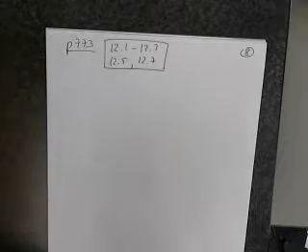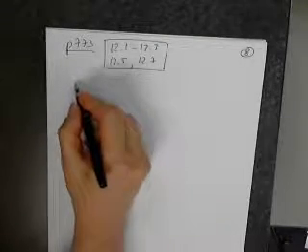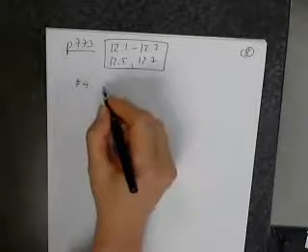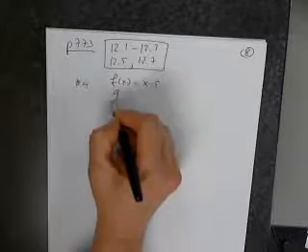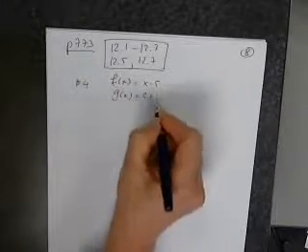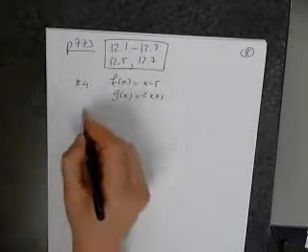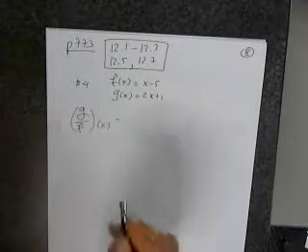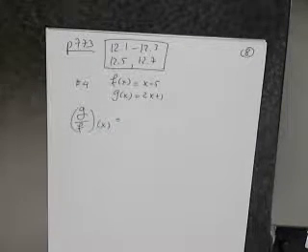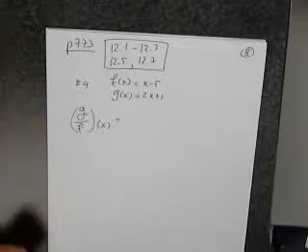We are given two functions. Let's say problem 4. We are given f of x, which is x minus 5, and g of x, which is 2x plus 1. We're asked to find g over f of x, and I will also add, find its domain as well.